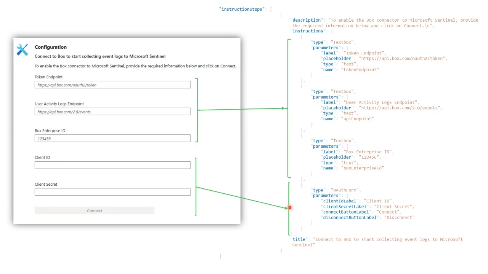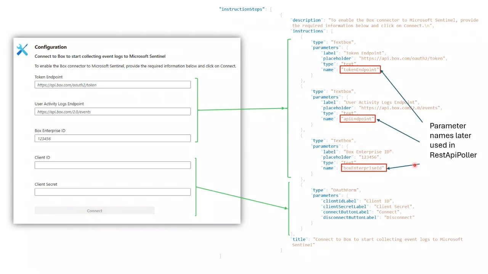I also mentioned here that these parameters that you define here, these names for these text boxes, are important because these are going to be used later in the REST API poller. Okay, so pay attention to these names that you provide, because this is the parameter name that is going to take the token endpoint, the API endpoint, the enterprise ID, and so forth.